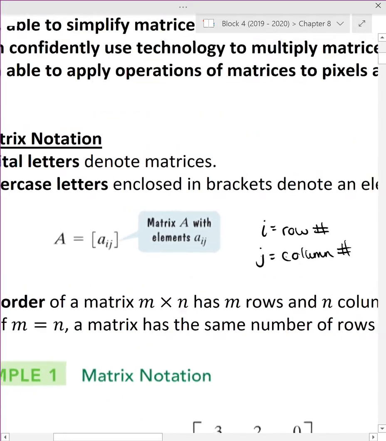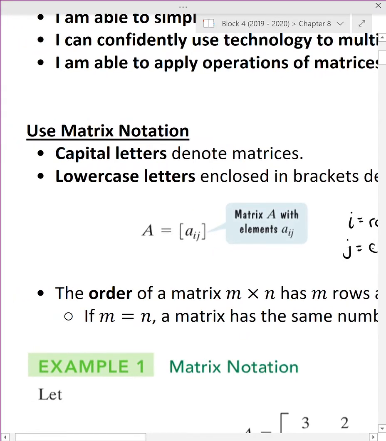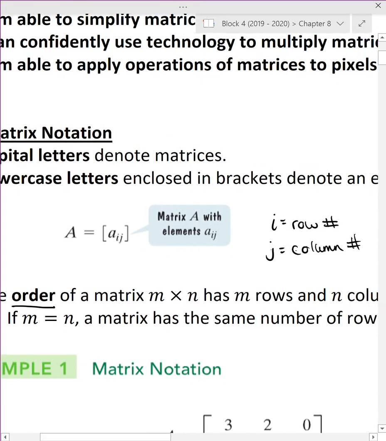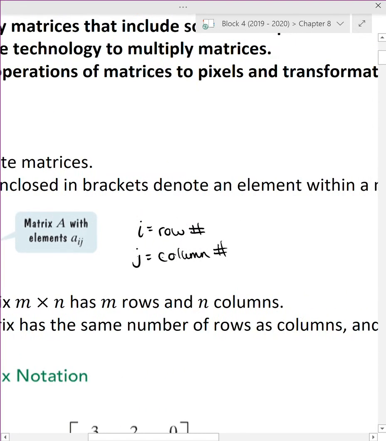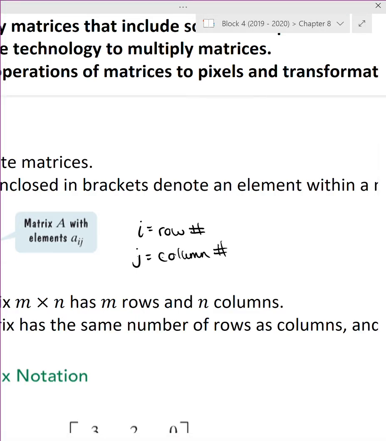And then, besides being able to figure out the element of a matrix, I want you to also be able to know the order. The order of the matrix is going to be M times N, where M is the rows and N is the columns. So, M is the rows, N is the columns.